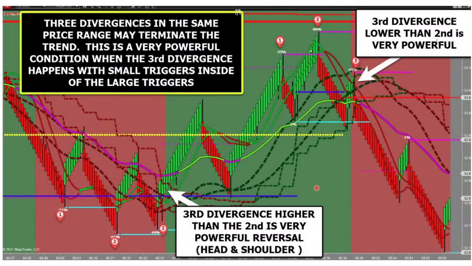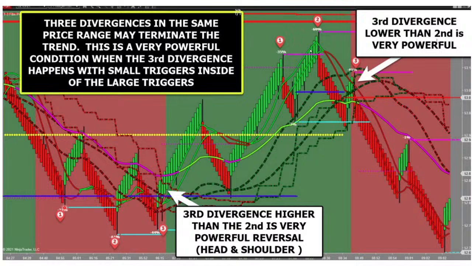The negative number is a byproduct of the calculation. It has absolutely nothing to do with anything. It is not relevant in regards to strength. It's just a calculation. But if you see the cyan line, the light blue line print, you know there was a loss of momentum. That's all it was, just a loss of momentum.